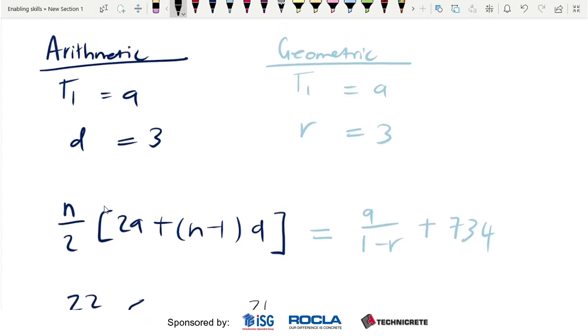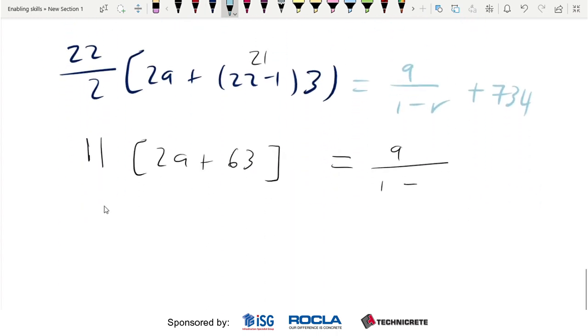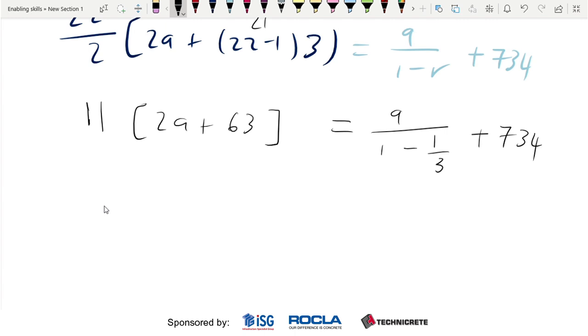So mistake over here. r is 1 over 3. So we substitute 1 over 3 into this equation plus 734. 11 times 2a gives us 22a plus 11 times 63 gives us 693 is equal to a divided by 1 minus 1 over 3, which is going to give us 3 over 2 a, plus 734.